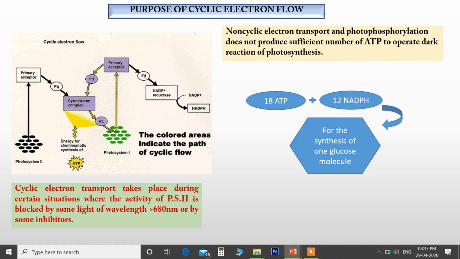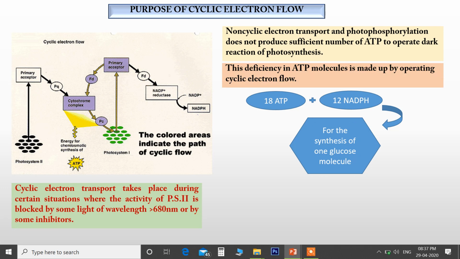So if only non-cyclic electron transport is operating, equal amounts of ATP and NADPH will be produced. So this will lead to a deficiency in ATP molecules. This deficiency in ATP molecules is made up by operating cyclic electron flow along with non-cyclic electron transport. So this is another suggested function of cyclic electron flow.